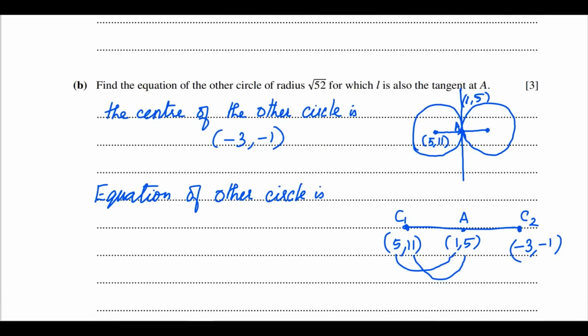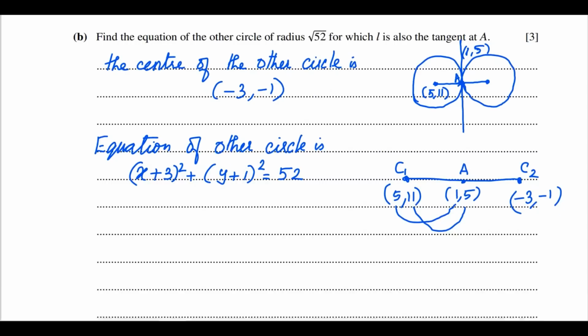So the equation of the other circle is (x minus of -3, so x + 3) squared plus (y minus of -1, so y + 1) squared equal to r squared, that is 52, since the square root of 52, the whole squared, gives 52.